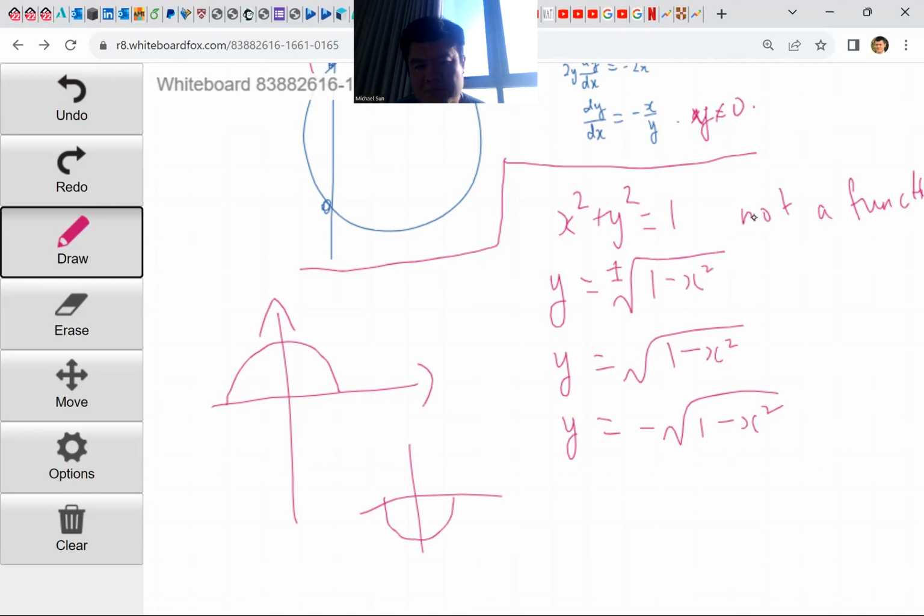But on another note, in the school when the teacher was presenting this, I remember that he said, yeah, so the circle is not a function, and we get this plus or minus thing, and we have these two functions. And at the time, I was like, well, why does the plus and minus have to be consistent throughout the function, right? Why does it have to be that it's always plus?